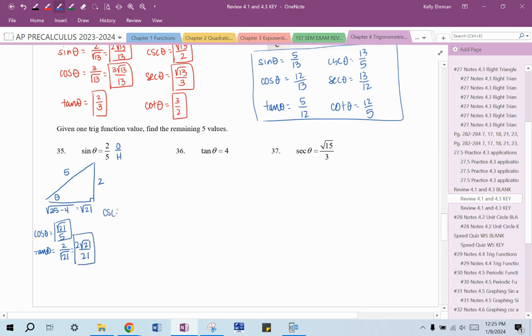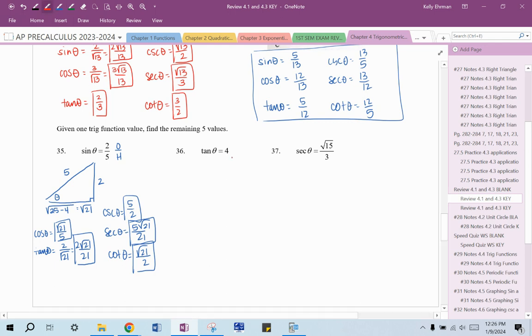Cosecant theta is the reciprocal of sine, 5 over 2. Secant theta is the reciprocal of cosine. Now that's going to be 5 over radical 21. So make it 5 radical 21 over 21. And cotangent, go off the first version. Reciprocal of that is radical 21 over 2.